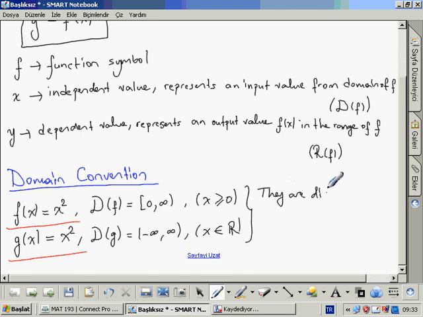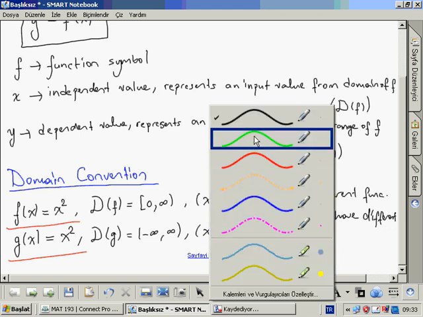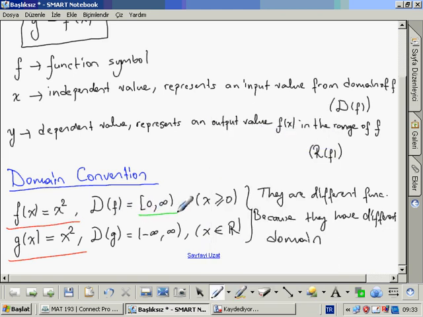They are different functions because they have different domains, as you see.